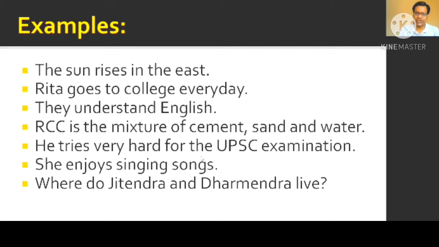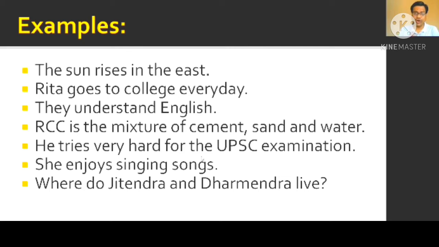RCC is the mixture of cement, sand, and water. Right? So here, RCC is the subject. Is is the main verb. The mixture of cement, sand, and water is a noun phrase functioning as complement to subject.